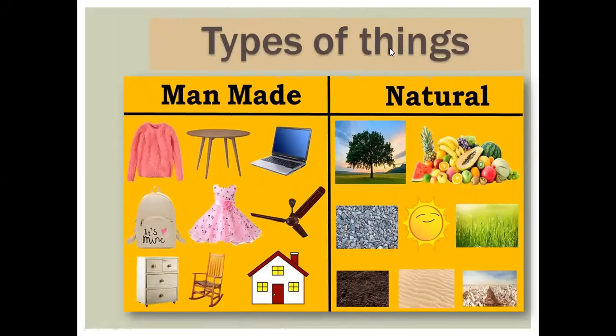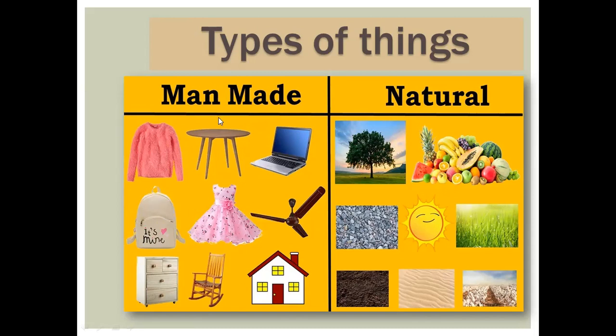Types of things man-made. First, let's see what are the things that are man-made. Jumper, table, laptop, bag, dress, fan, home, chair, cupboard. They are man-made materials. Who made them? Man made them.